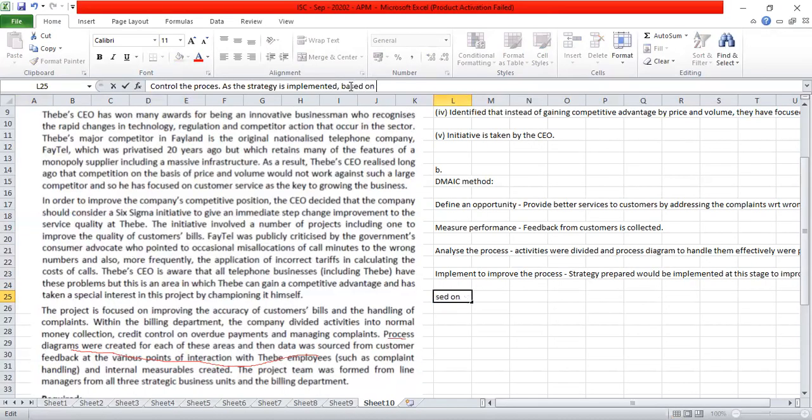Based on feedback, if required, maybe control measures.